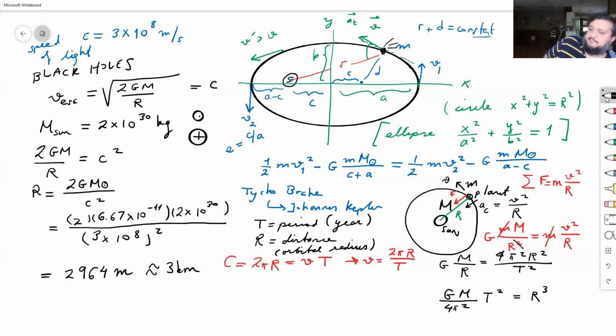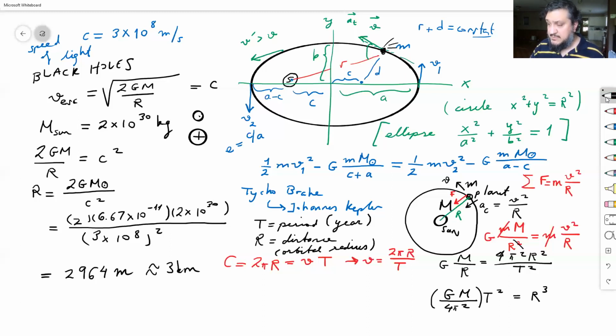Okay, GM over 4 pi squared times T squared is equal to r cubed. Now, this is just a constant that only depends on the solar mass, not the planet's mass.